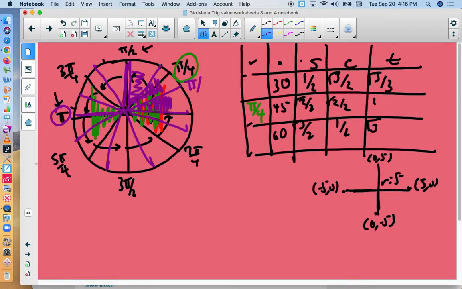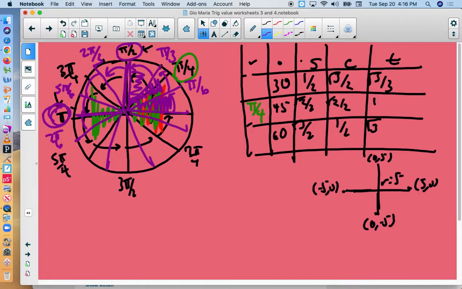So this is pi divided by 6. All the way over here, this next one is 2 pi over 6. This next one is 3 pi over 6. 4 pi over 6. 5 pi over 6. 6 pi over 6.